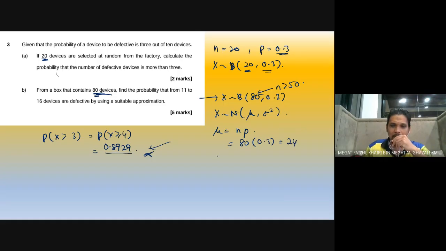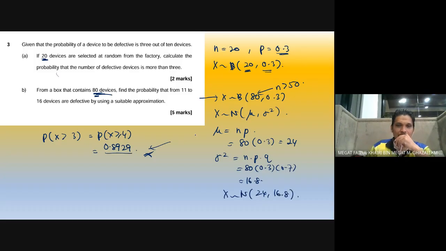Then the variance equals n times p times q, which is 80 times 0.3 times 0.7, and this gives you 16.8. So X is normally distributed with a mean of 24 and a variance of 16.8.